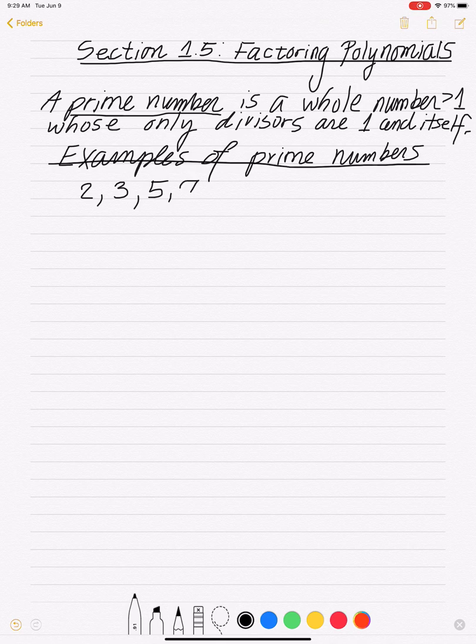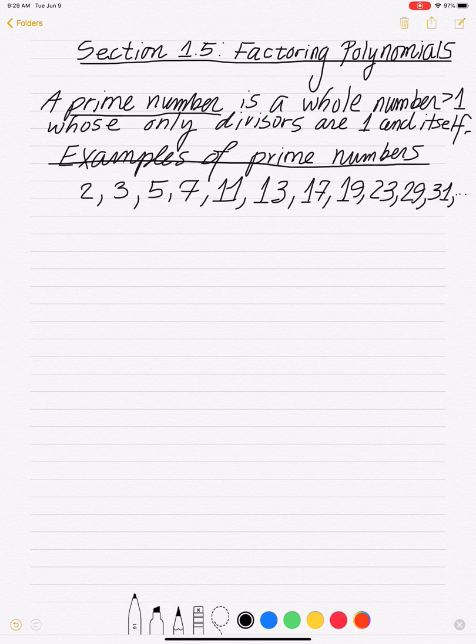Other primes include 7, 11, 13, 17, 19, 23, 29, 31, and so on. There are actually infinitely many prime numbers, but those are some of the smaller ones.